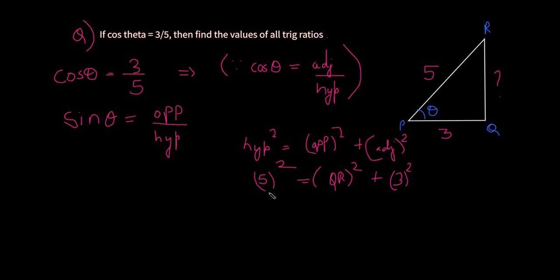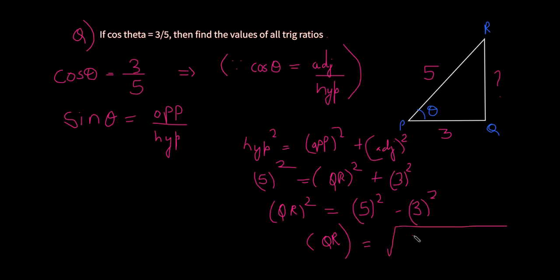Now QR square, when it goes to this side, is equal to 5 square minus 3 square, or QR is equal to root of 5 square minus 3 square.